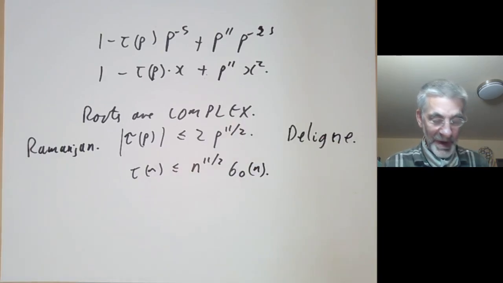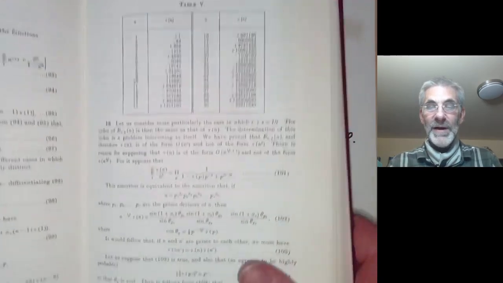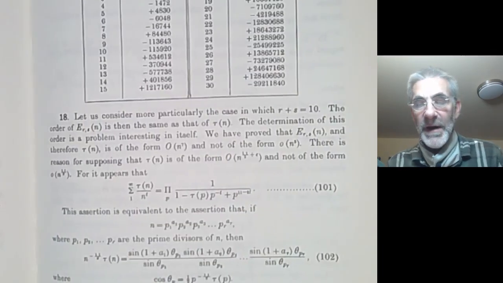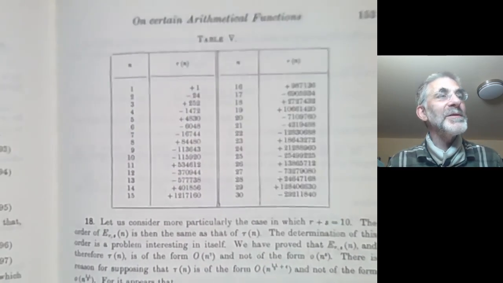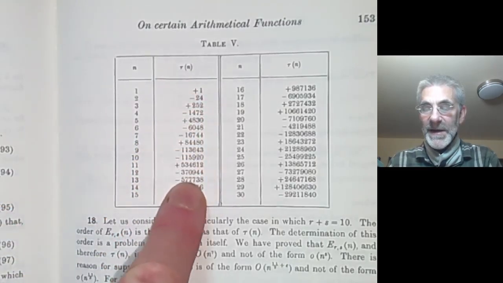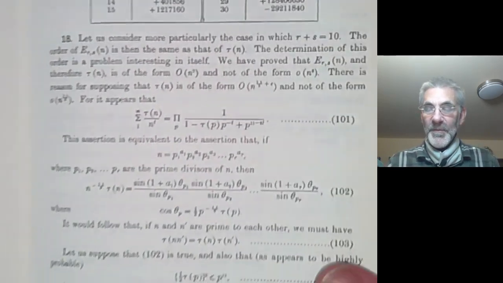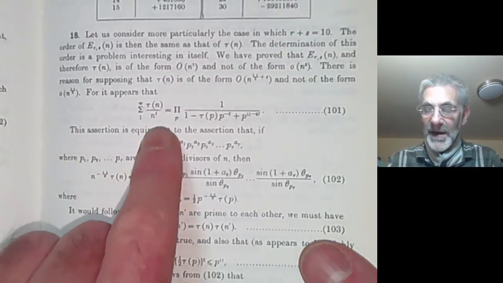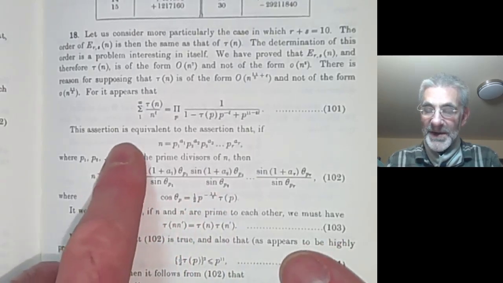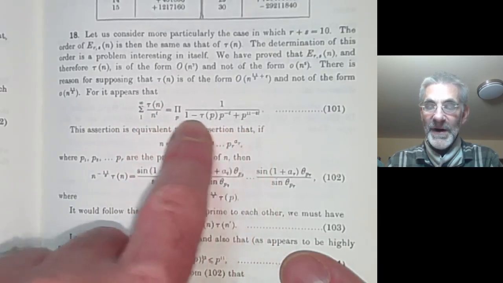I'll just finish by showing you Ramanujan's original paper where he introduced his conjecture. So if you look here, you can see this is Ramanujan's paper on certain arithmetical functions, and here you can see he's calculated a table of the function tau of n, and down here he's stating his conjectures. He says it appears that the sum of tau of n over n to the t is given by this infinite product.